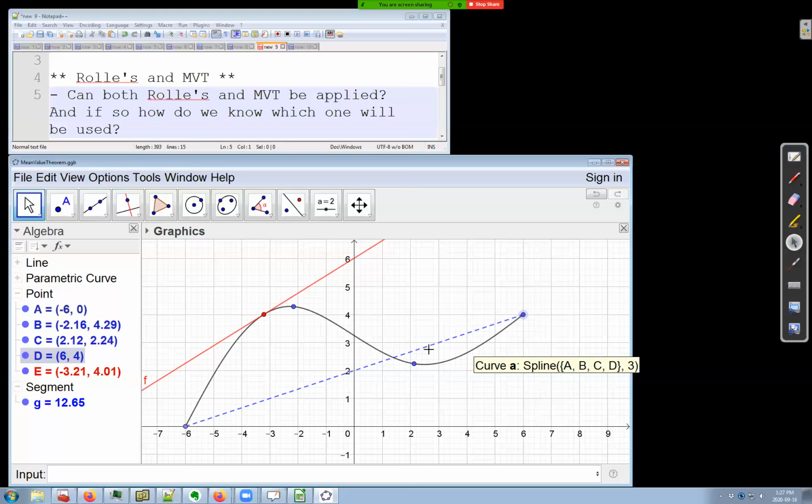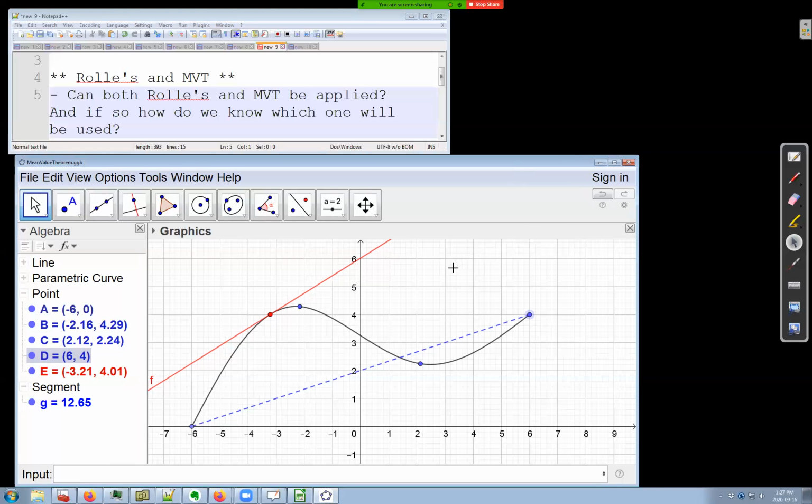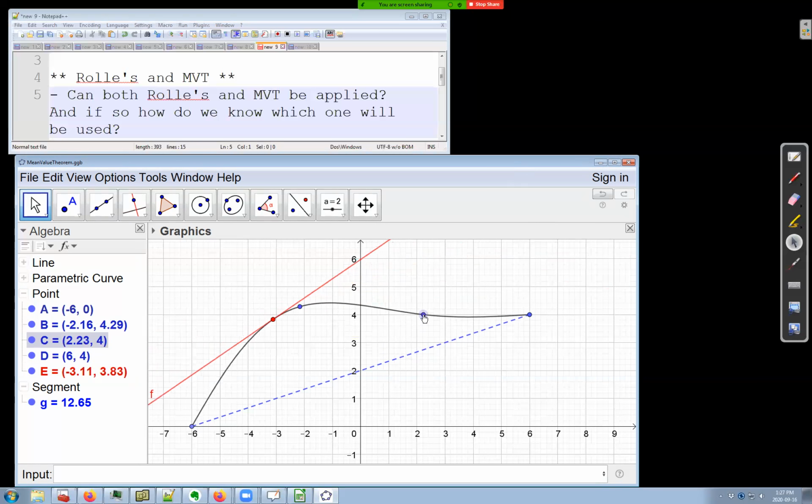It says it's always possible to move this tangent line so that it's parallel to the blue dotted line. You can see that if I was allowed to move this red tangent line, I could make it parallel.